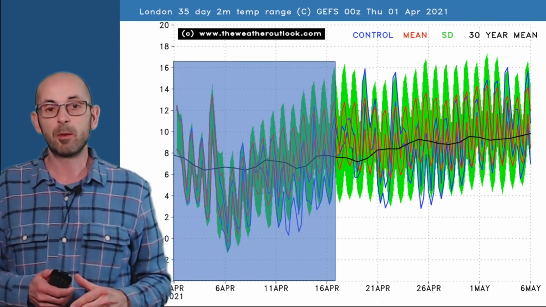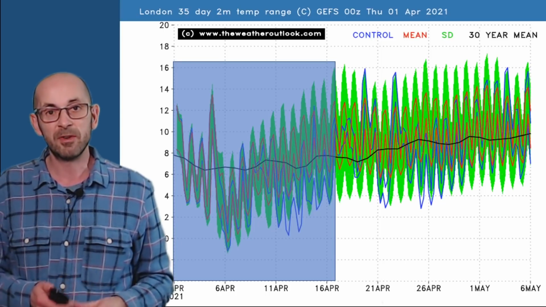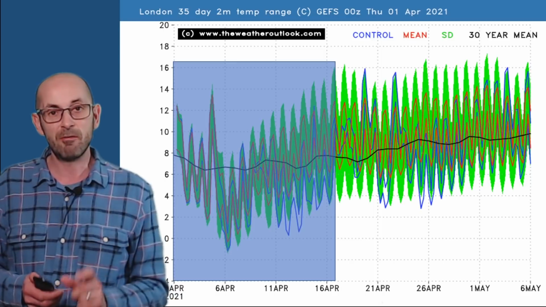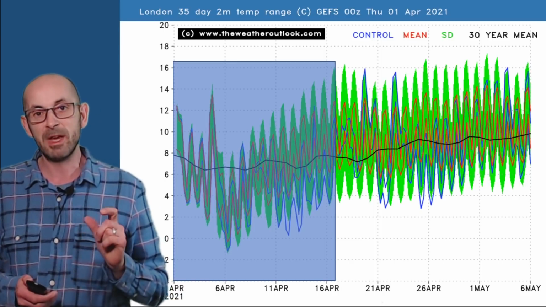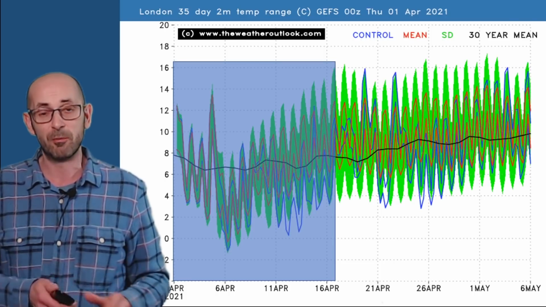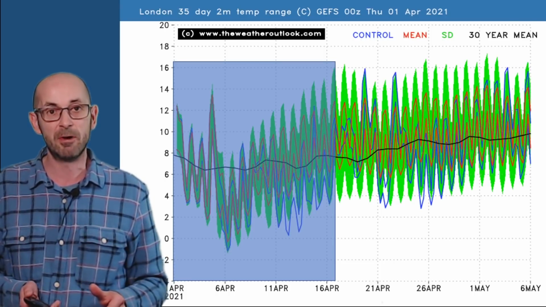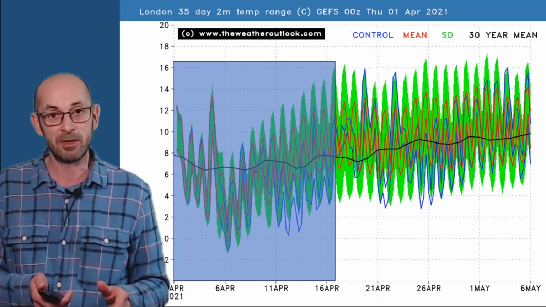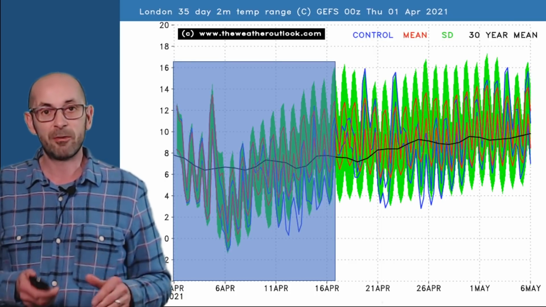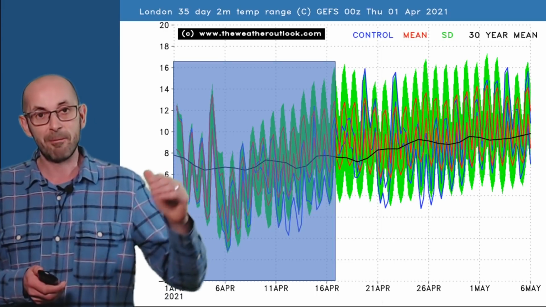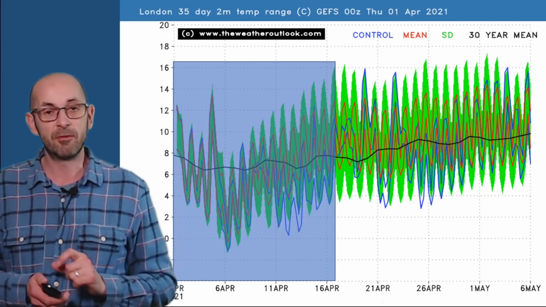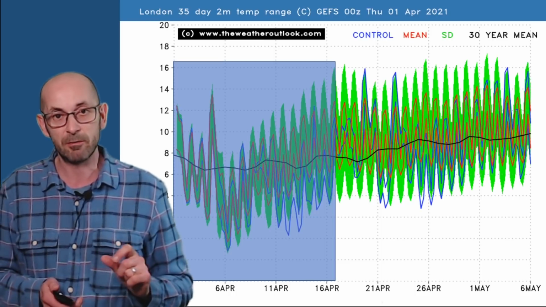What we can see is a thick black line which goes right through it, the 30-year average, and the signal on this is for mean temperatures in the ensemble, so that's averaging out the temperatures from all of the 30 runs which are in the American ensemble, the GEFS, averaging them all out and comparing the minimum and maximum values for all of those runs to the 30-year mean, 30-year average.